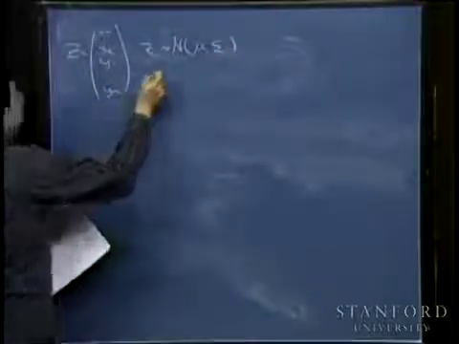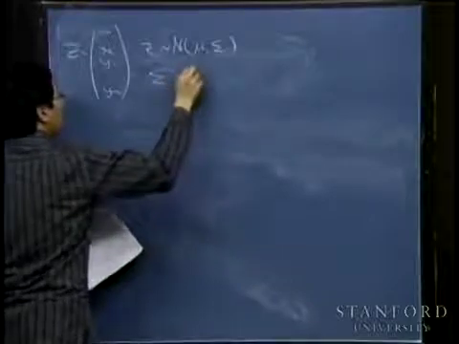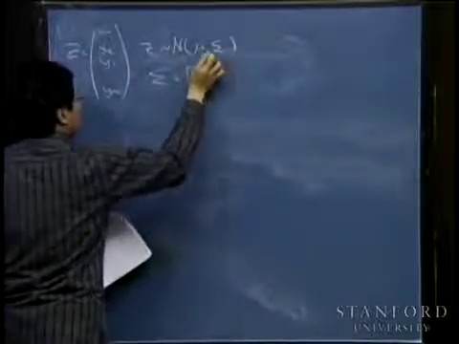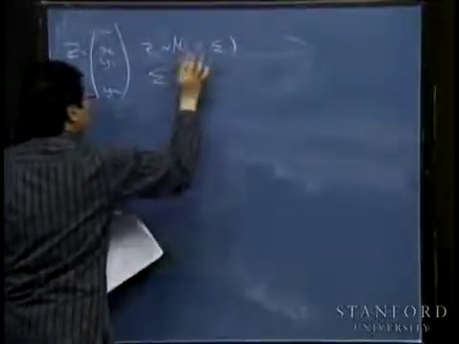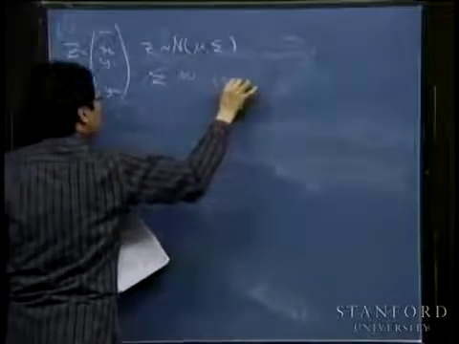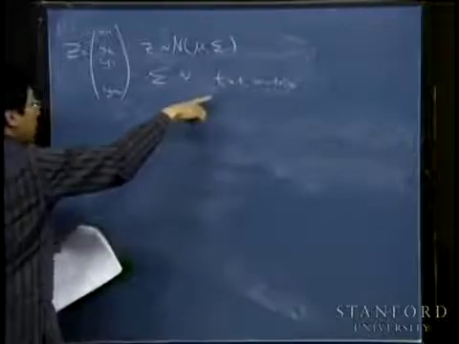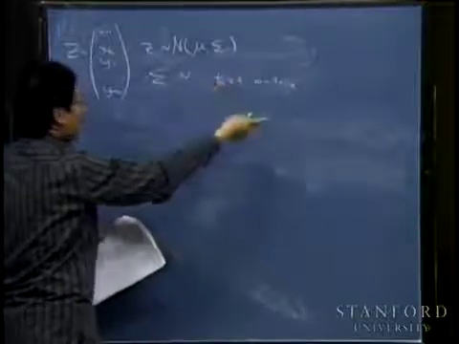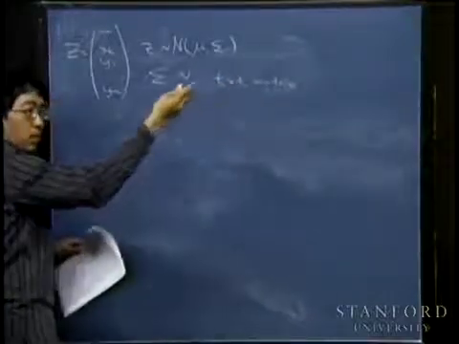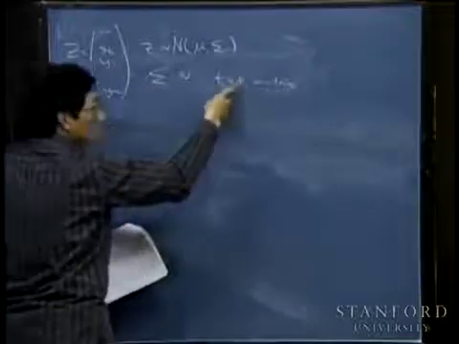And so, sigma will be roughly a T by T matrix. It's actually T times the number of state variables plus the number of observation variables by that.